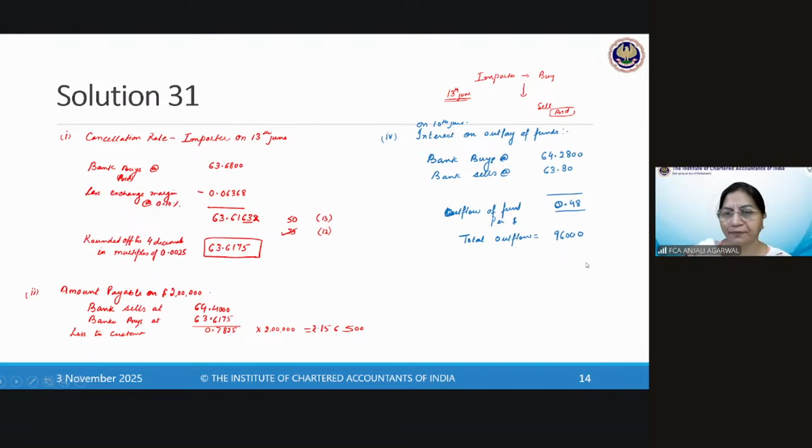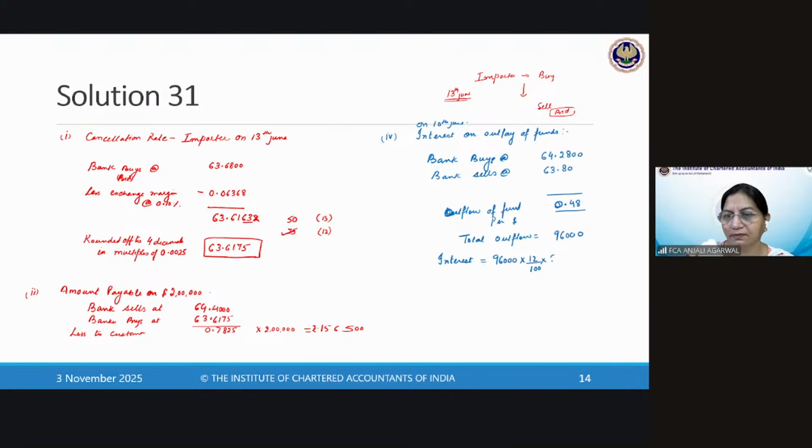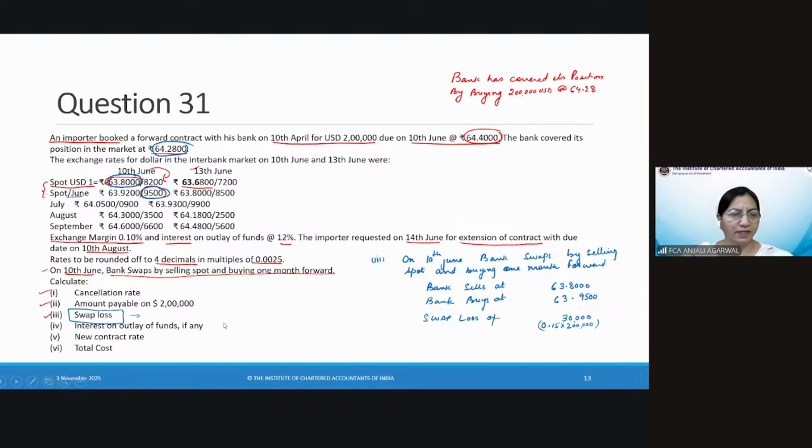Let's calculate. So rupees 1925. That is the interest on outlay of funds.